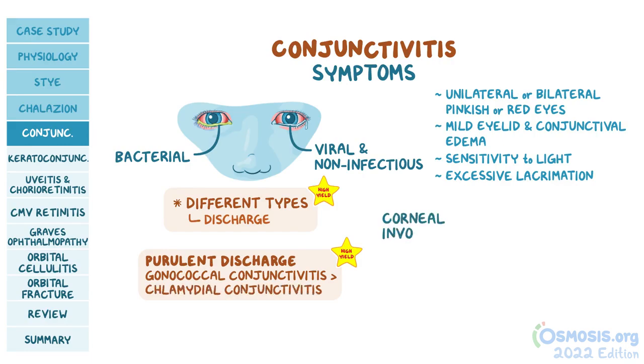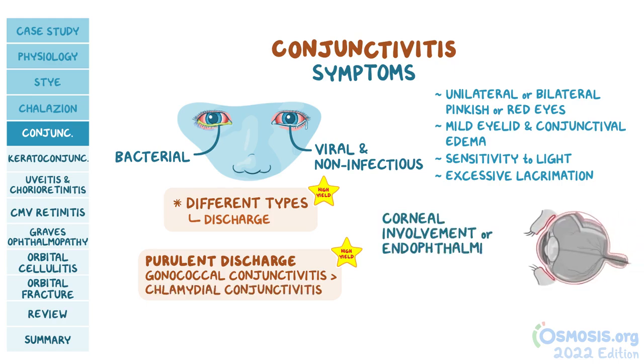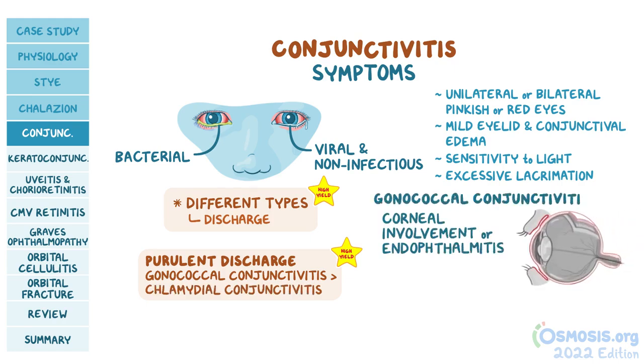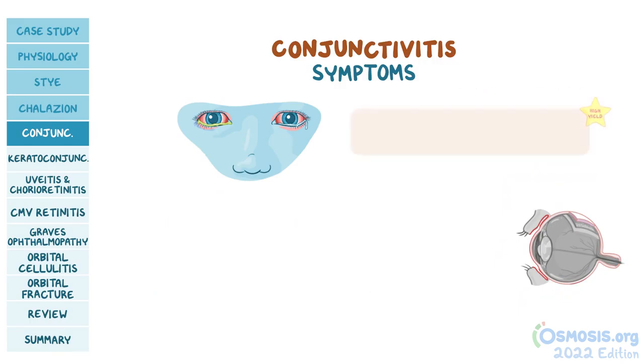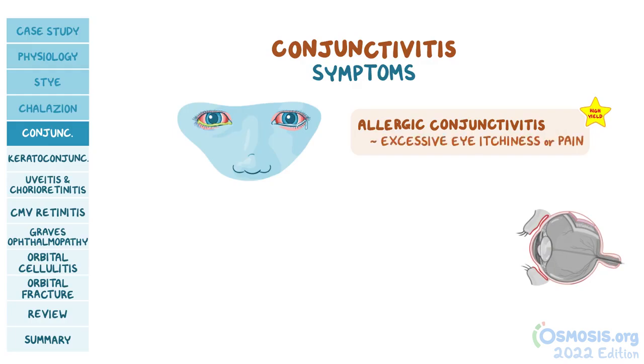If there's corneal involvement or endophthalmitis, gonococcal conjunctivitis may also be accompanied by vision impairment or even vision loss. For allergic conjunctivitis, a telltale sign is excessive eye itchiness or pain.